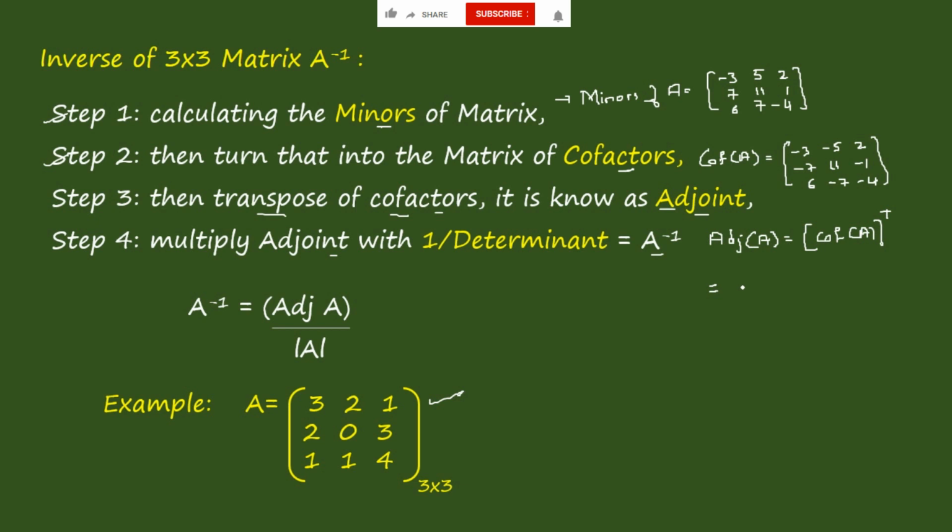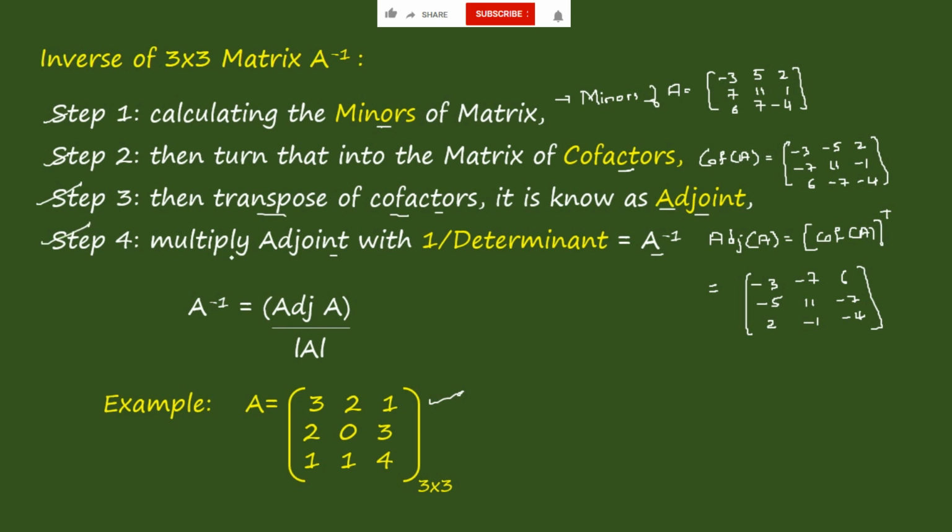So we get minus 3, minus 5, 2, minus 7, 11, minus 1, 6, minus 7, minus 4. These are nothing but the adjoint of a matrix. We just convert row to column, column to row. Now step 3 is complete.